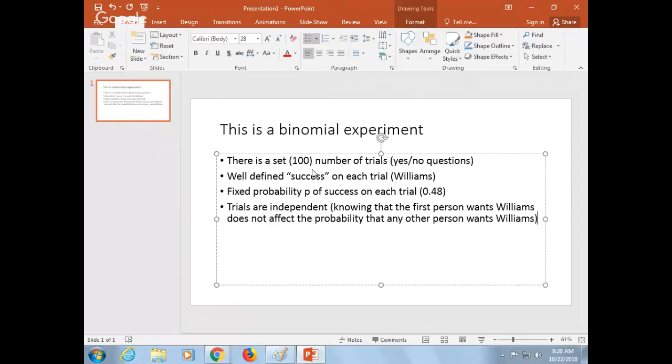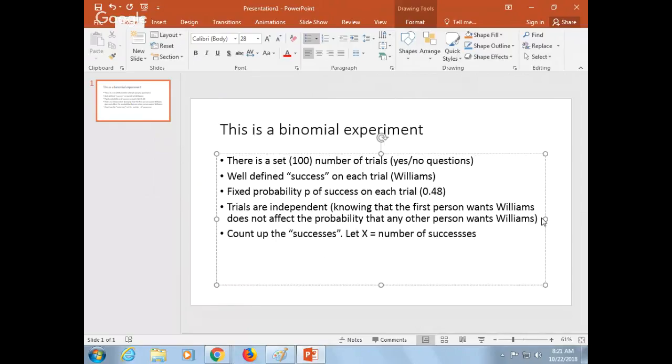So we've got a fixed number of trials, a well-defined success, a well-defined probability of success on each trial, and the trials are independent. The problem then is about counting up the successes.